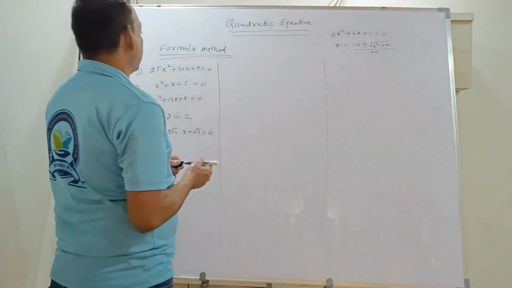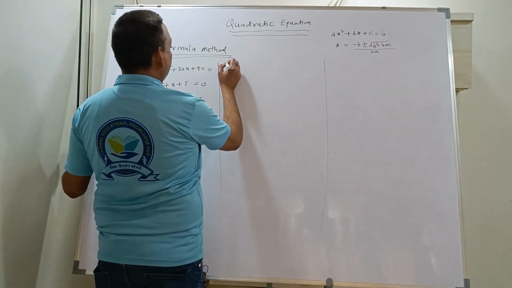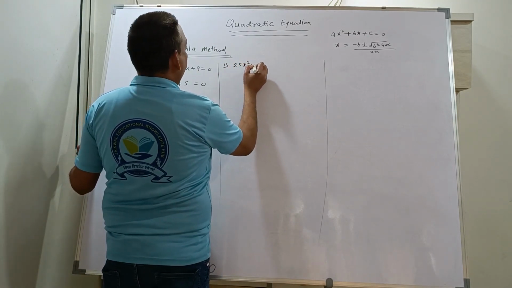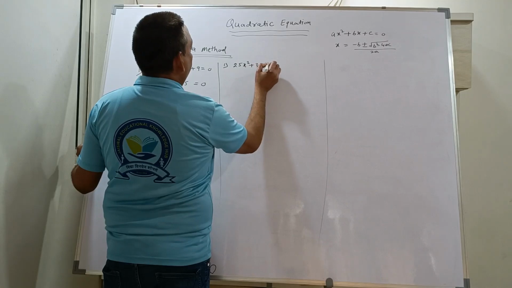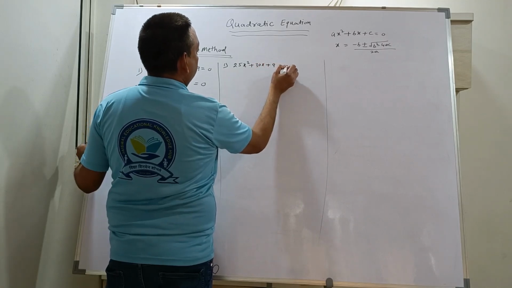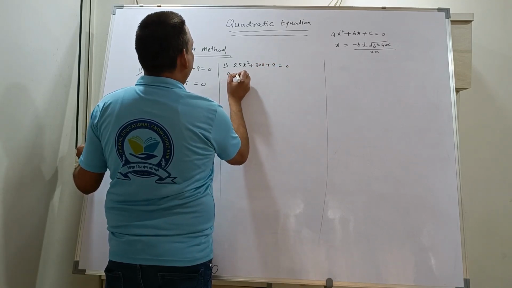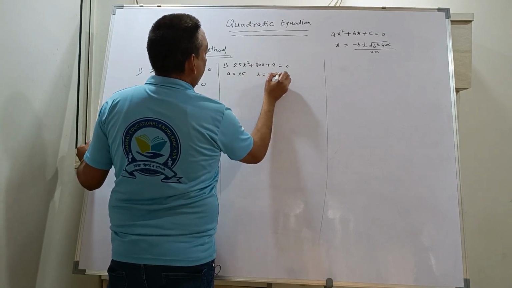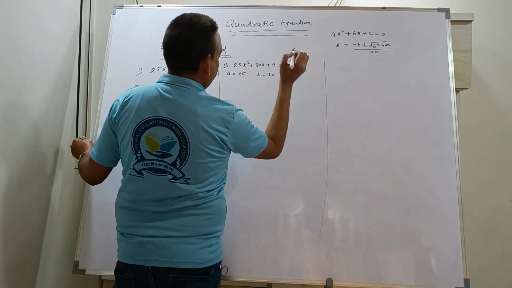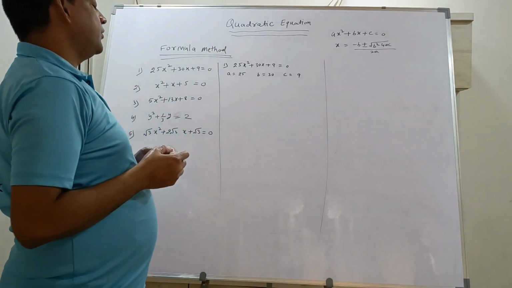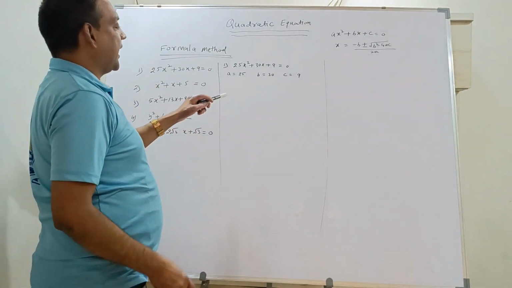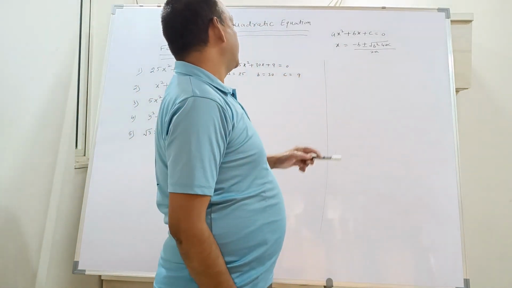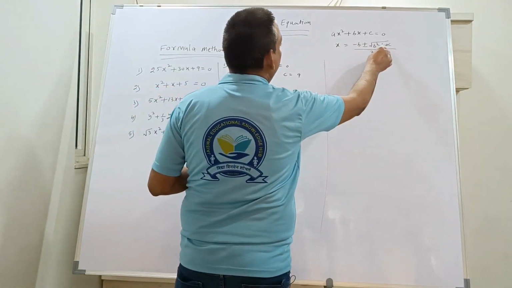Okay, so let's try sum number 1: 25x square plus 30x plus 9 equal to 0. So we have a is equal to 25, b is equal to 30 and c is equal to 9. Now here we can do two things. Either we directly start substituting in the formula, or first we simplify only the root part.